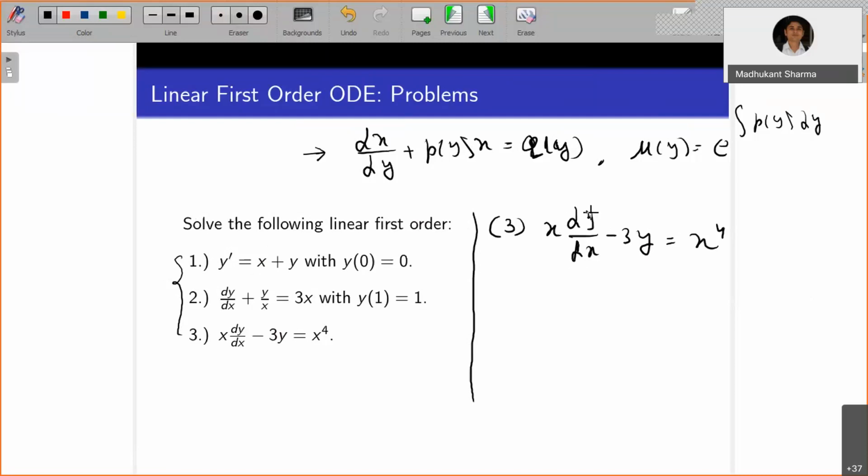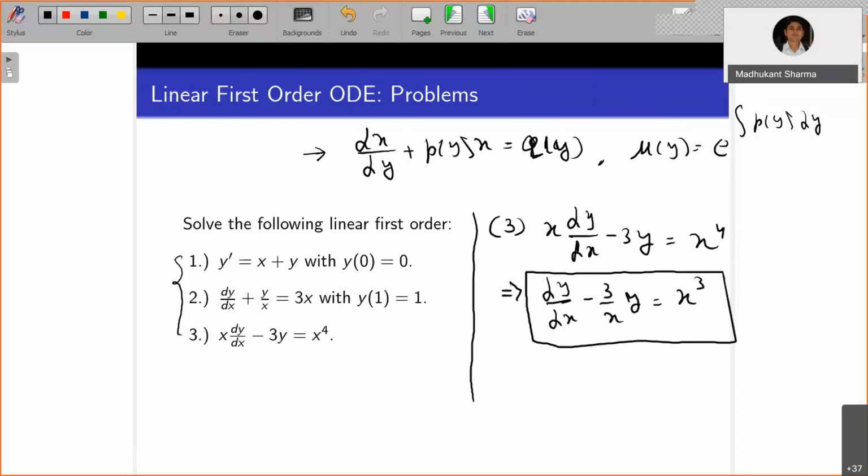If it is not 1, whether it's a constant or a function of x, you have to get rid of it. So dy by dx minus 3 by x y is equal to x to the power 4 by x, that is x cubed. Now this is in the standard form, a linear first order differential equation.